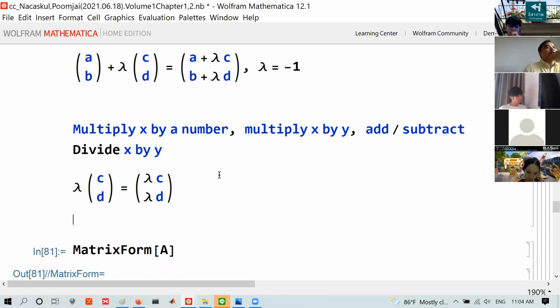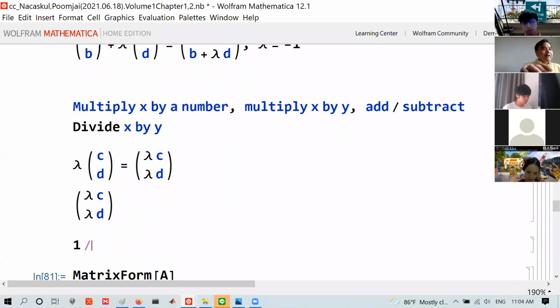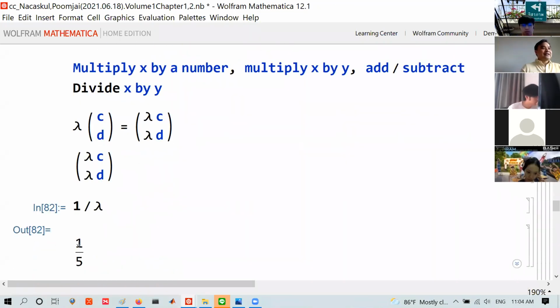So let's make it doable. Instead of this, divide by lambda, which I told you is not doable, how about I multiply it by 1 over lambda? Sorry.